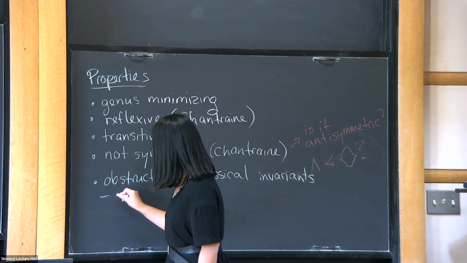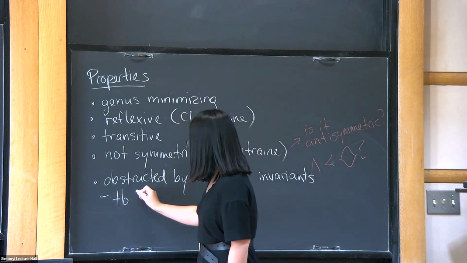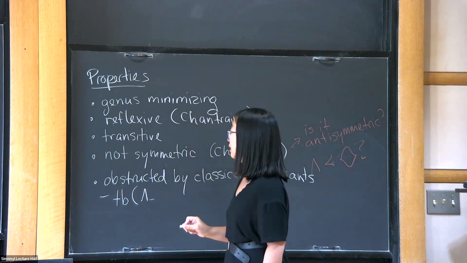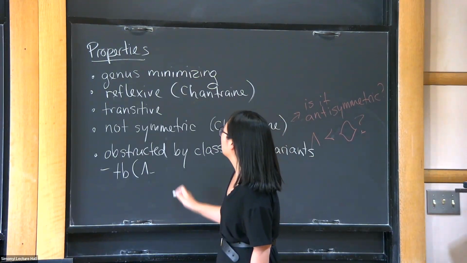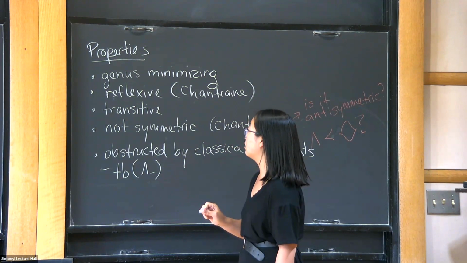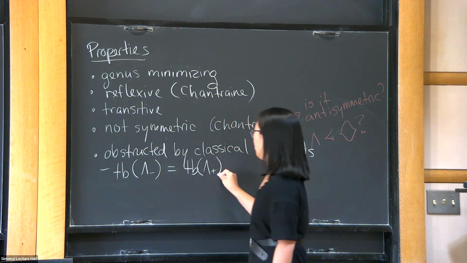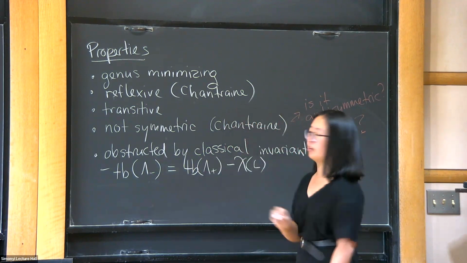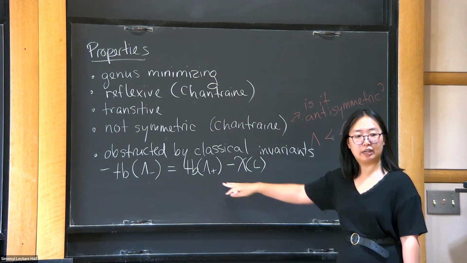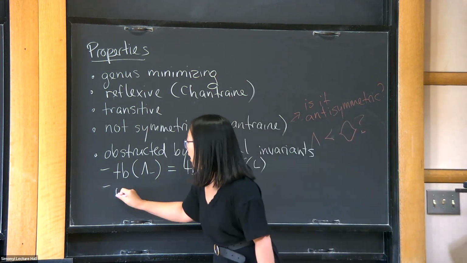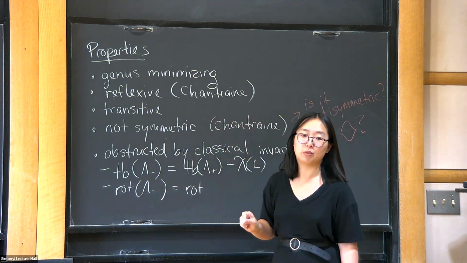So let me see, I'm going to make sure I write this down correctly. So tb of the knot at the bottom is equal to tb of the knot at the top minus, I think, the Euler characteristic of L. I might be getting the signs wrong, or I might have flipped these, but they're related by the Euler characteristic. And also the rotation numbers, if your favorite classical invariant is the rotation number, have to be the same.